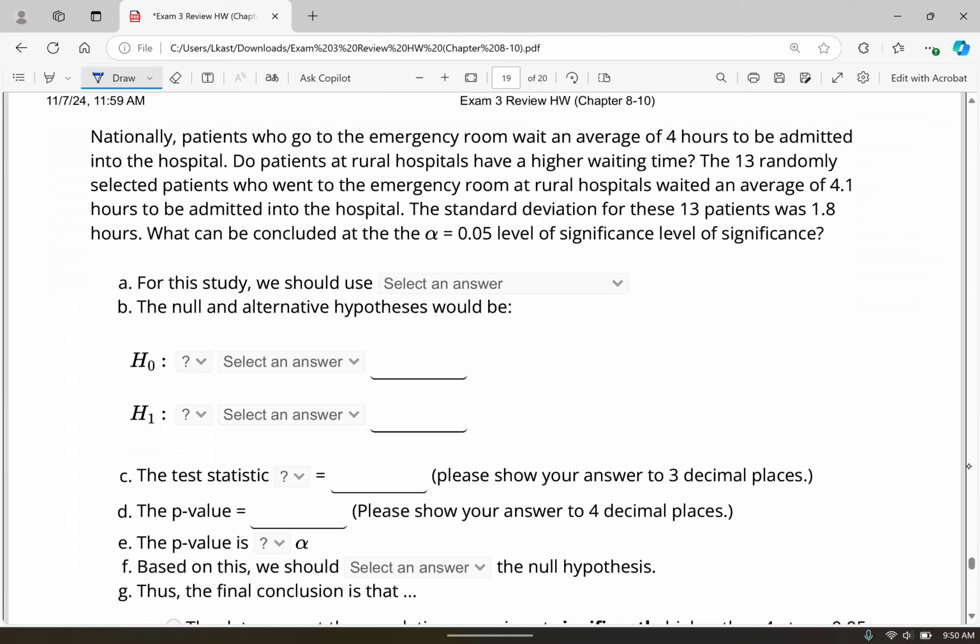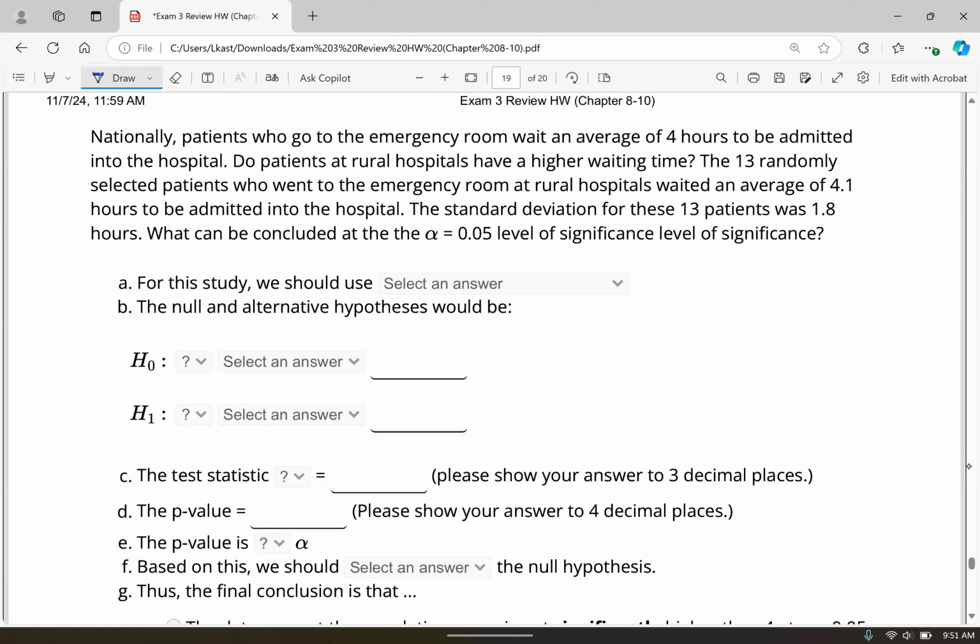The 13 randomly selected patients who went to the emergency room at rural hospitals waited an average of 4.1 hours to be admitted into the hospital. The standard deviation for those 13 patients was 1.8 hours. What can be concluded at the alpha equals 0.05 level of significance?